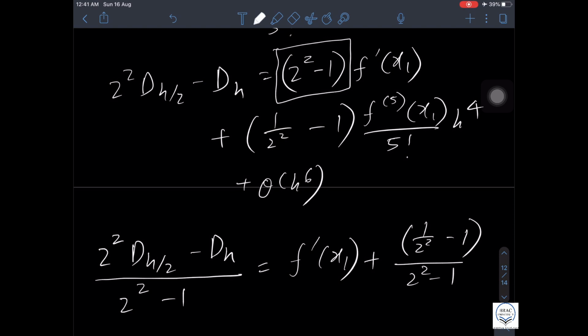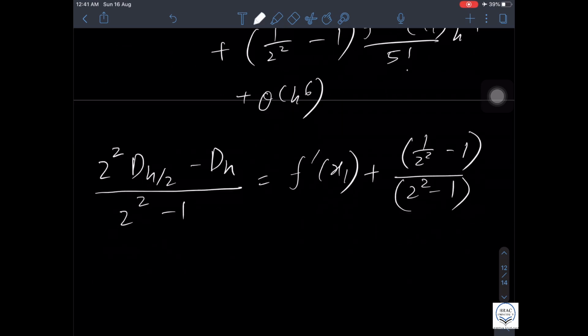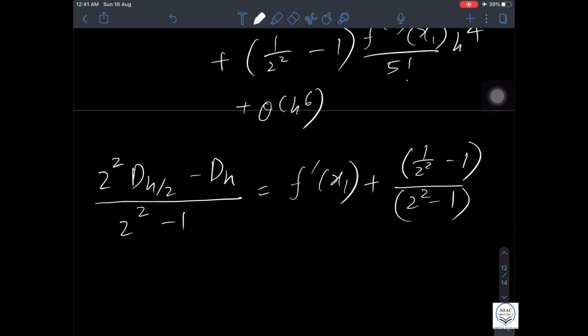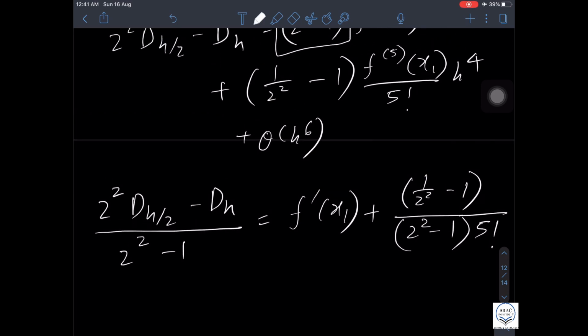You can simplify this by yourself. This is just some numerical manipulation which doesn't really matter to me right now for this purpose. 5 factorial, this will be some number, and you'll have f^(5) of x1 times h to the power 4 plus order h^6.